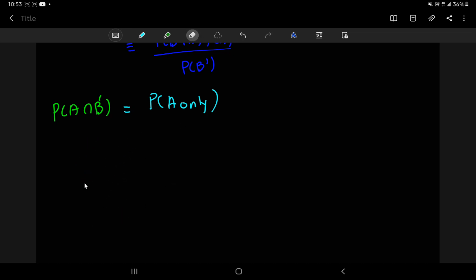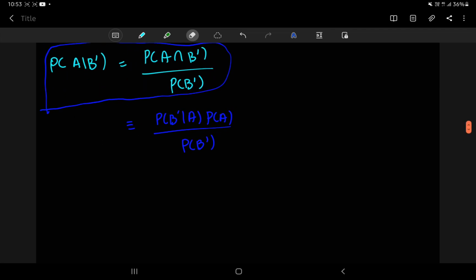Okay, A only, right? So that's the logic behind. So we know that we can substitute our Bayes' theorem formula with the probability of A only, like this.